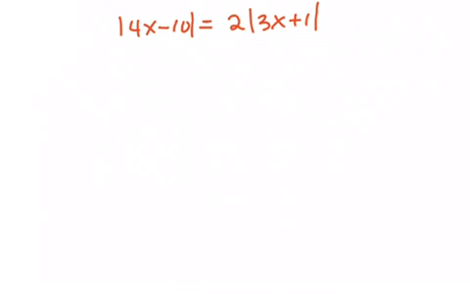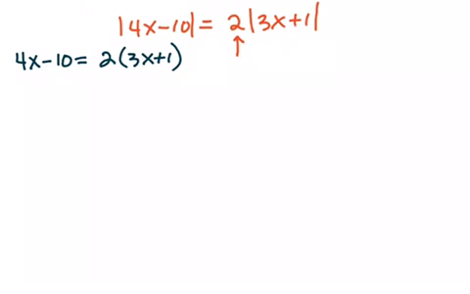All right, here's another equation that I want to show you. We have two absolute values. The only difference is on this side we're multiplying by a positive 2 before we continue. All right, so let me write it out the first way with all the positives. So I'm going to say 4x minus 10 equals 2 times 3x plus 1. And that's going to be all the positives.